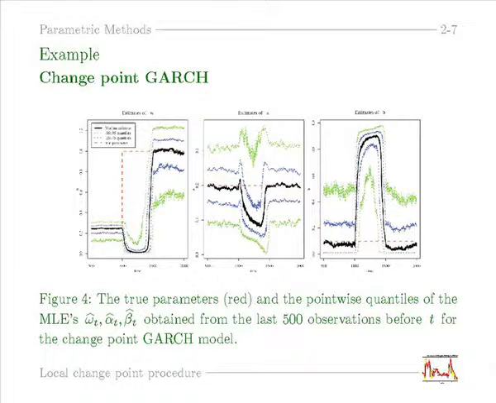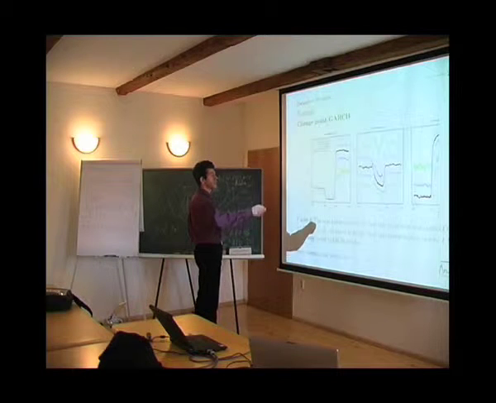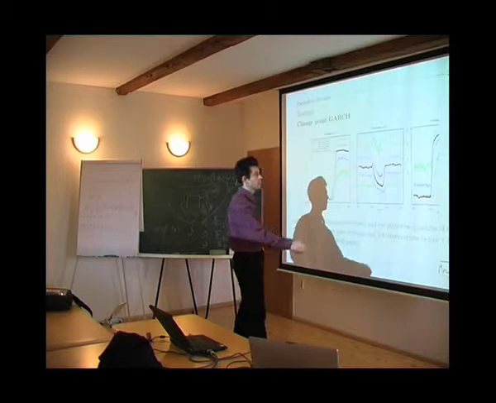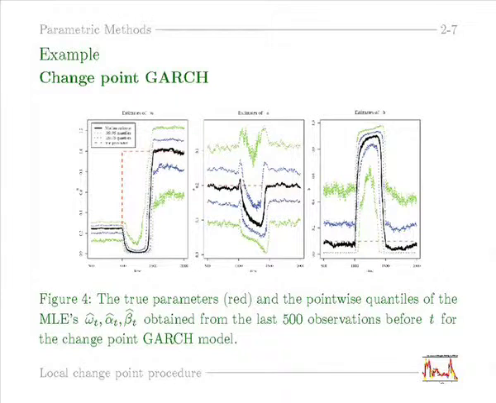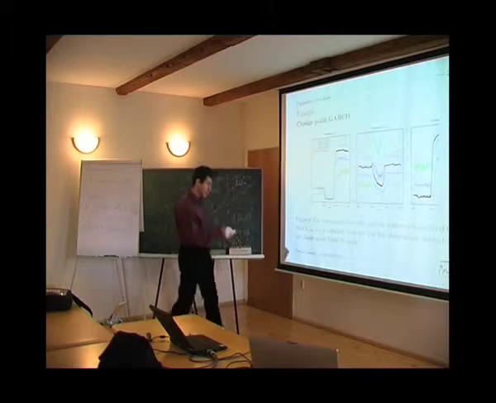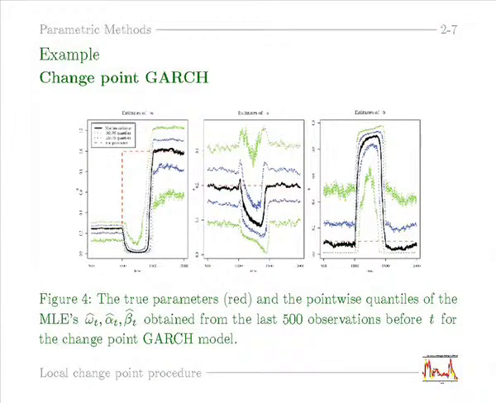So what is happening before the jump? We have a really GARCH model. For the first parameter, we have relatively good confidence intervals. For parameter alpha, you have a much larger confidence interval, and for parameter beta, even larger. But still, it's more or less homogeneous. Now, you have the region here where you estimate from 500 points, and these 500 points include the jump in the model.